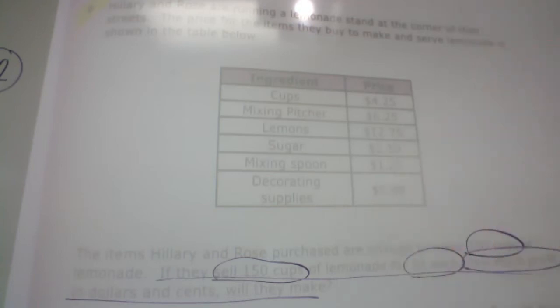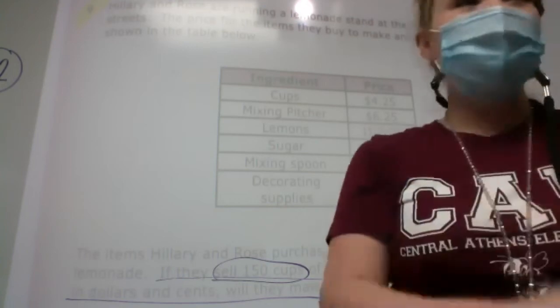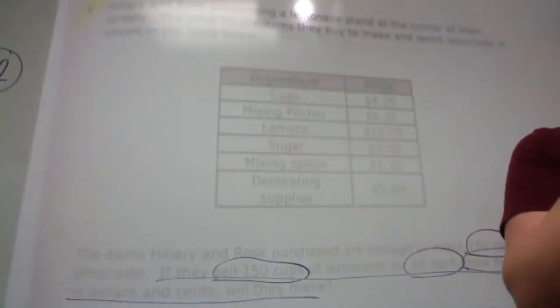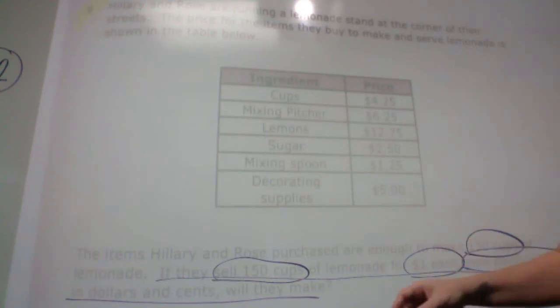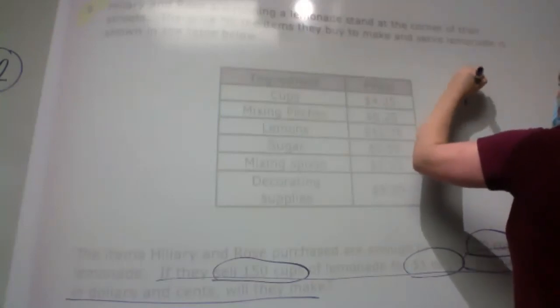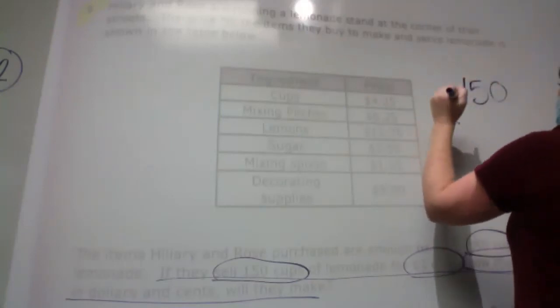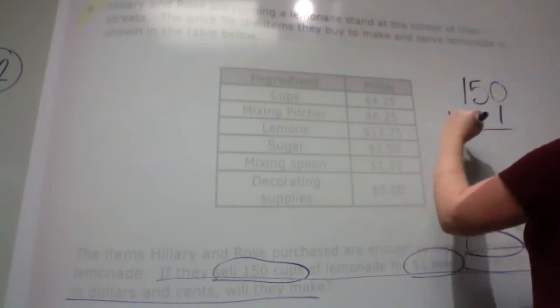Does it tell us what their income is? Kind of. It gives us what we need to figure it out. So income is how much money they would make from selling their lemonade. So it says if they sell 150 cups, for how much? $1. So each cup is just $1.